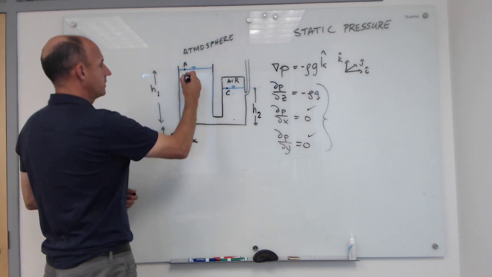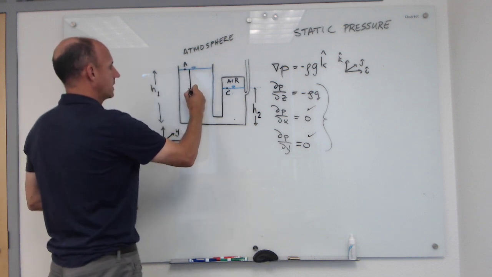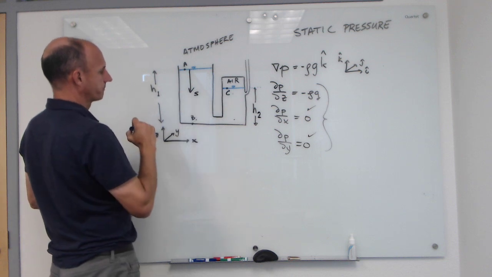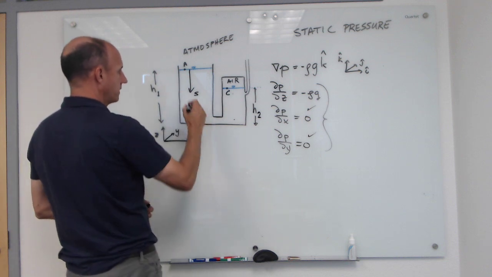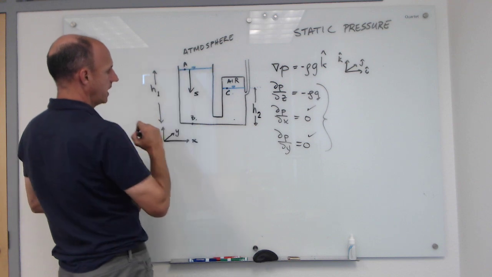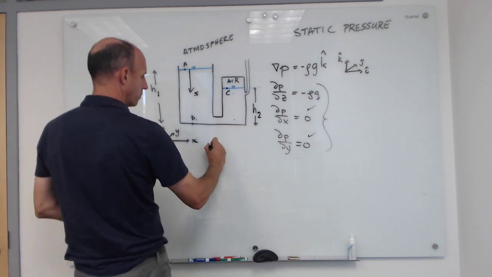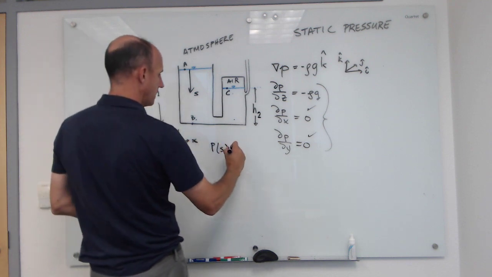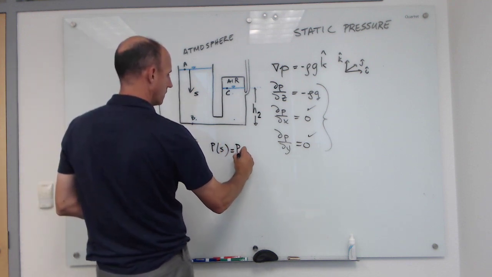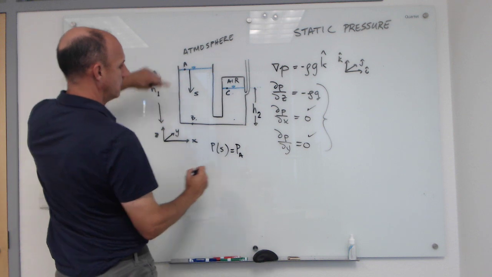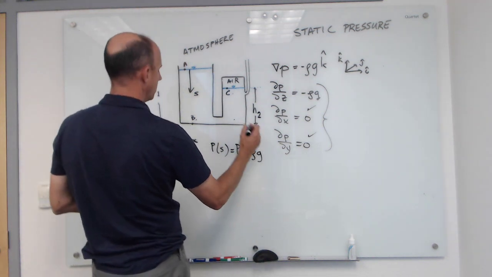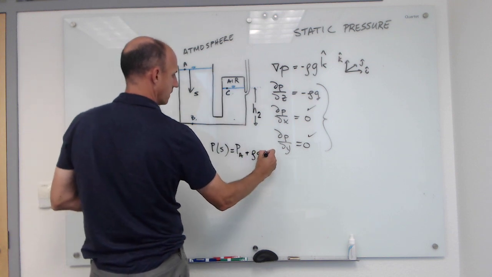Okay? So if I just define a coordinate here, we'll call this s, and I measure that from this point A, then I would expect that the pressure as a function of distance s is just equal to the pressure at A plus rho times g times this distance s.